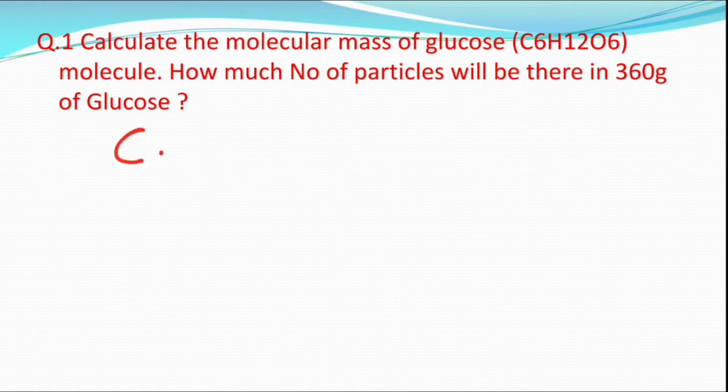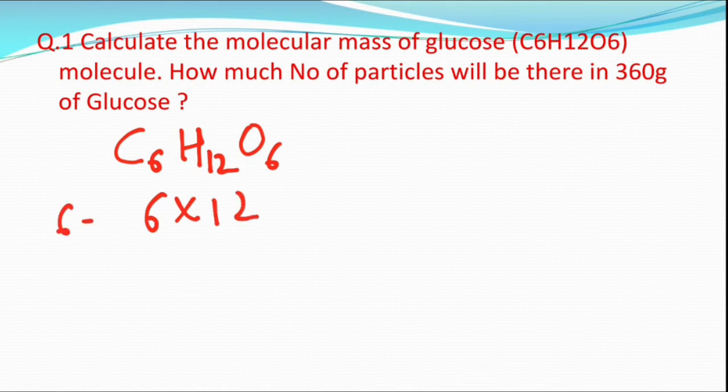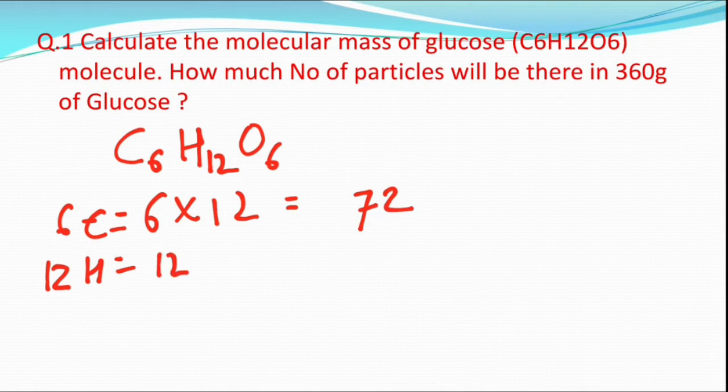Now what is the formula of glucose? It is C6H12O6. So 6 into the mass of carbon, which is 12: the mass of 6 carbon atoms is 72. Then there are 12 hydrogen atoms, and the mass of 12 hydrogen atoms will be 12 into 1, so plus 12.